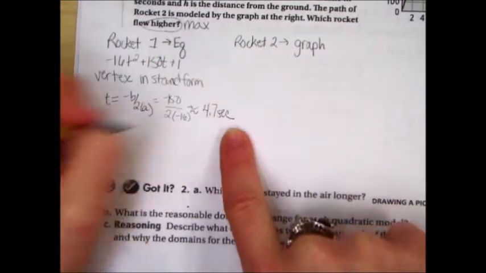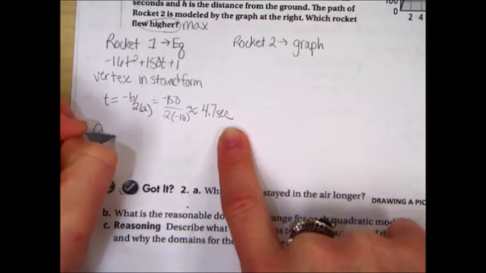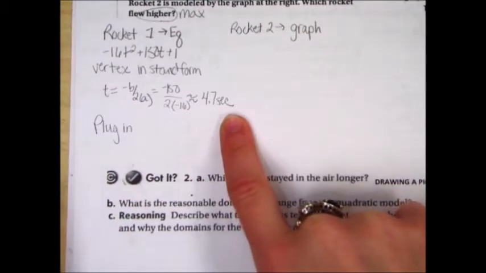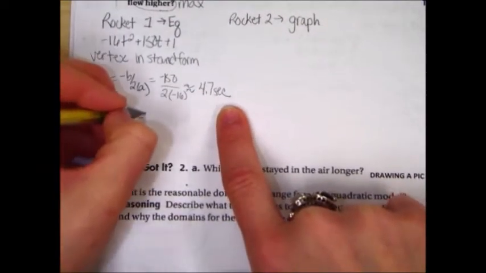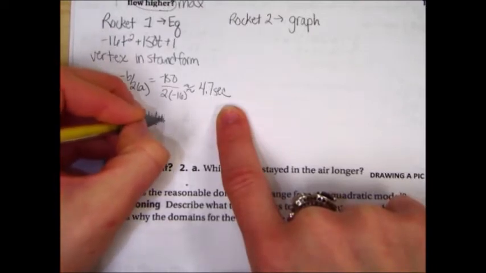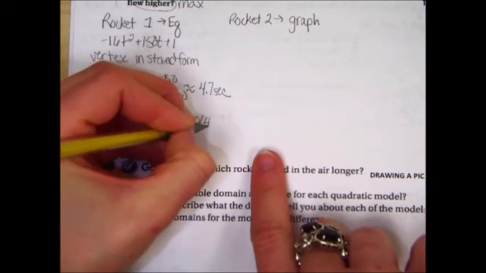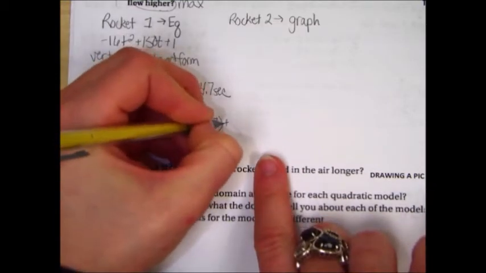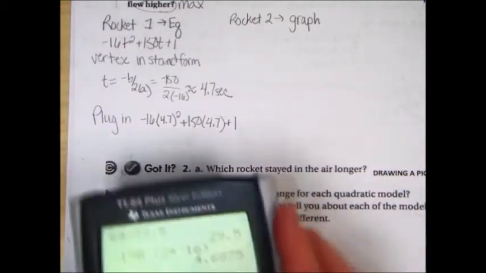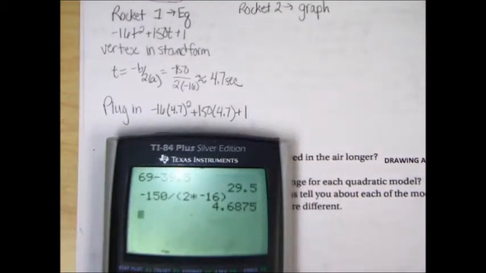So if you plug that in, you will get -16 times 4.7 quantity squared plus 150 times 4.7 plus 1. All right, let's go ahead and plug that in. -16 times 4.7 quantity squared plus 150 times 4.7 plus 1 at the end.